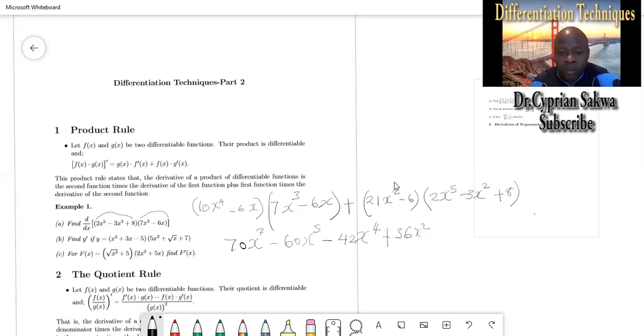21x squared times that, we get 42x raised to 7. And this term we'll have negative 63x raised to 4. And then this term we'll have positive 168x raised to 2.